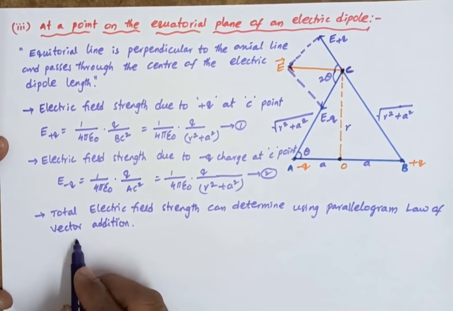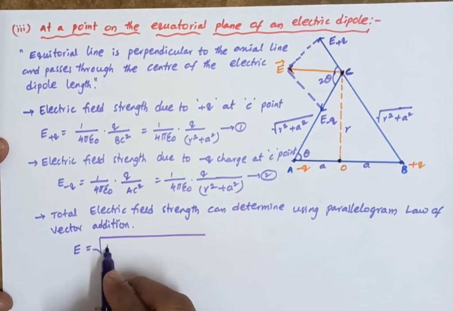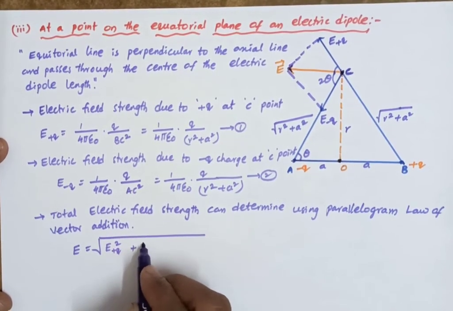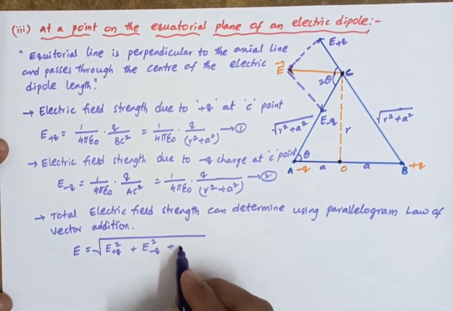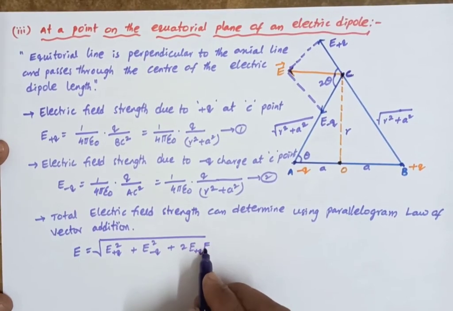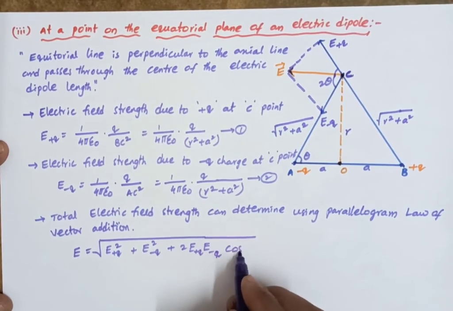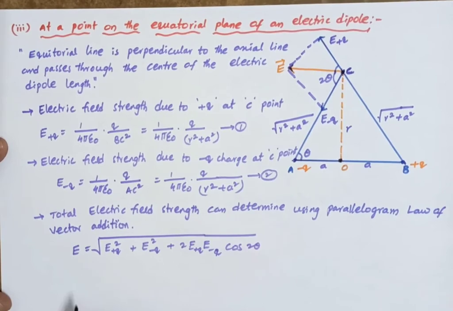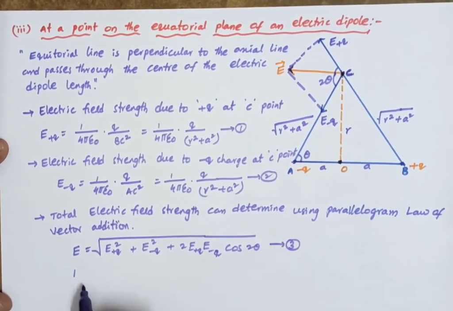Here E equals the square root of E plus q square plus E minus q square plus 2 E plus q E minus q cos, and the total angle is 2 theta. This is equation number 3.